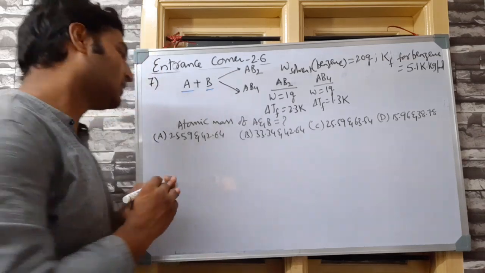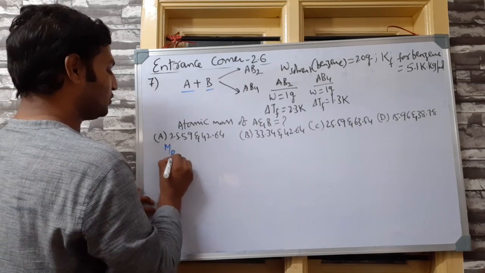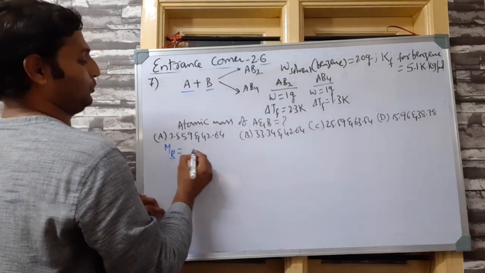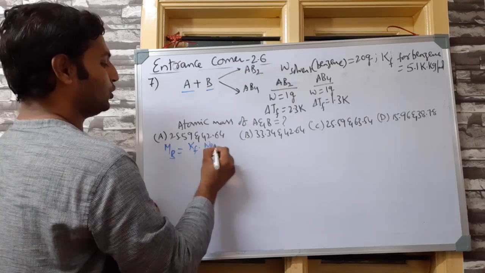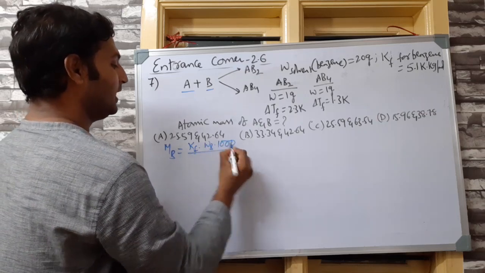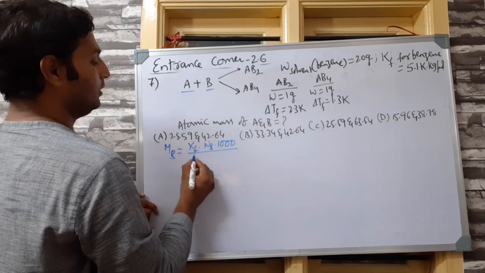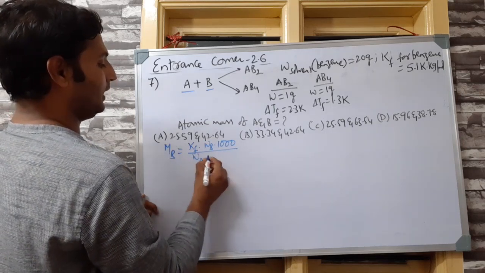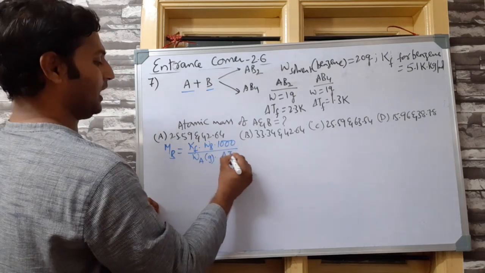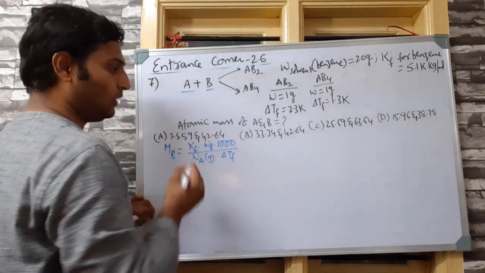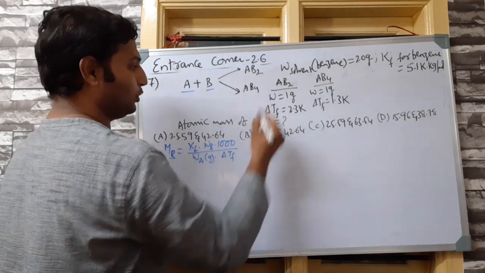Clear? Now the formula for calculating molar mass of solute is Mb is equal to Kf into weight of solute into 1000 divided by weight of solvent in grams into delta Tf value, right? Now let us calculate both of them.